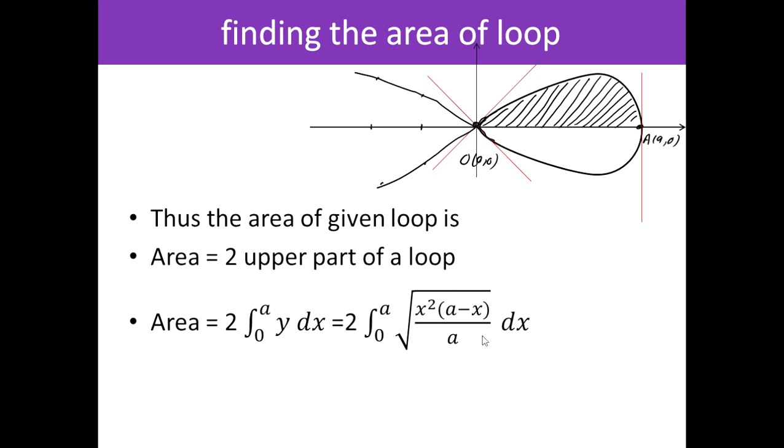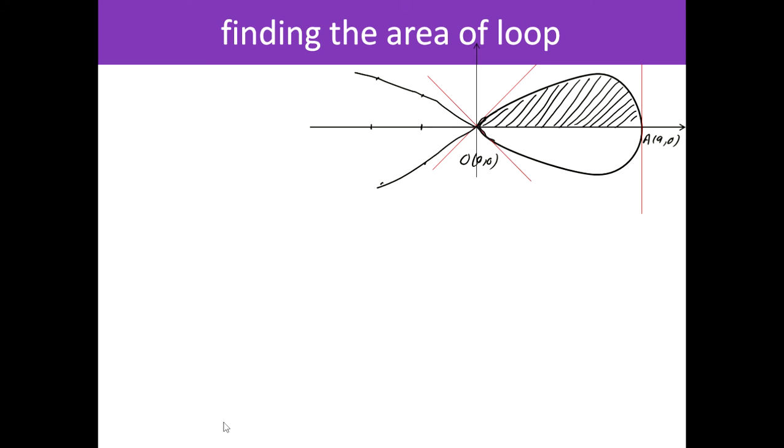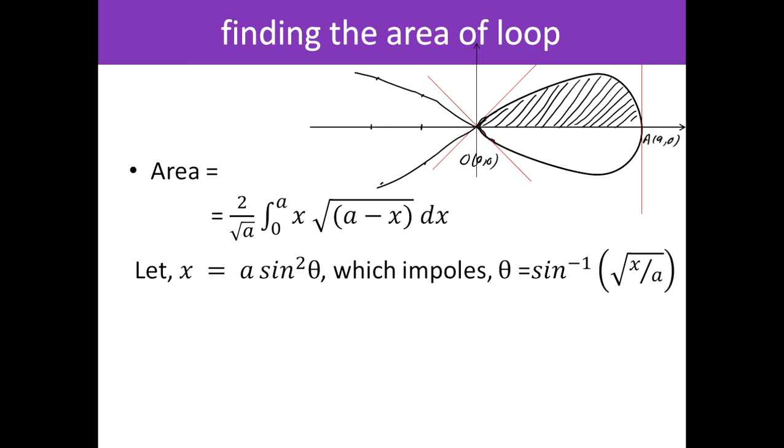We substitute the value of y from the equation, and then the equation becomes this. For further calculation of the area, let x equal a sine squared theta, which implies theta is equal to sine inverse root of x by a. This is for the calculation of the range of theta.